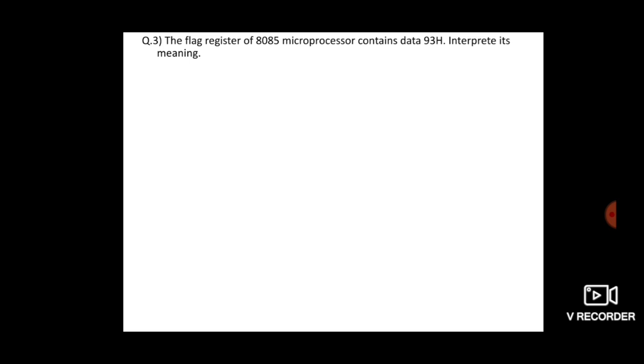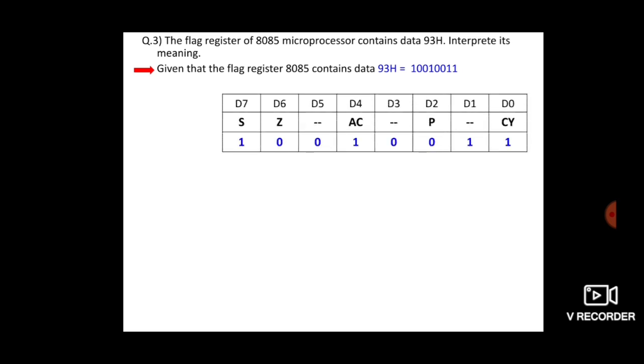Convert that value into binary, put it in the flag register column, decide whether each flag is set or reset, and give the reason. The flag register contains 93. Converting to binary, 9 is 1001 and 3 is 0011. So this value is put in the flag register column.